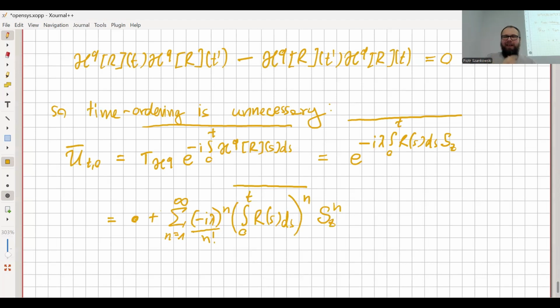All right, so it means that provided that we can actually diagonalize S_Z, we can calculate this exponent analytically.